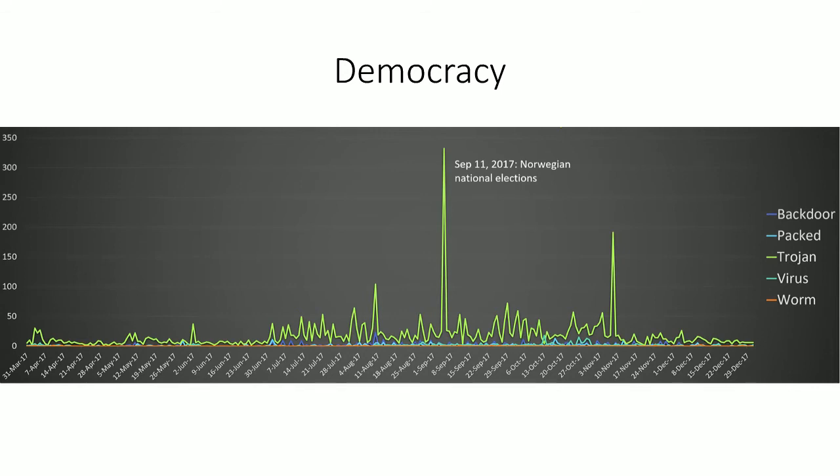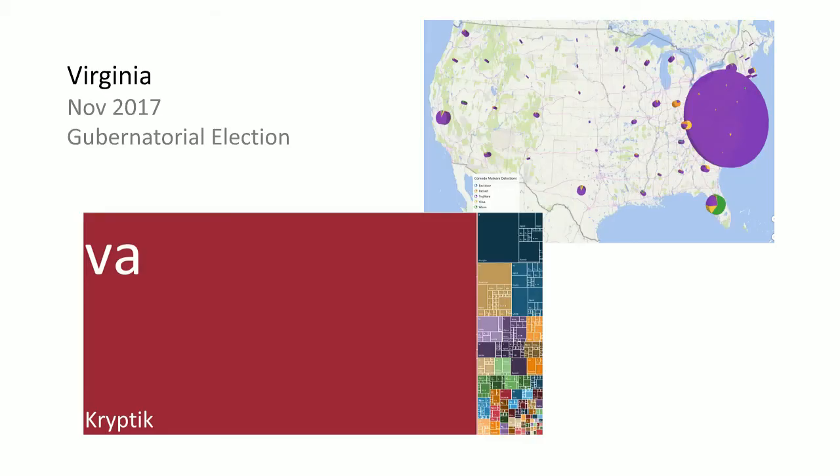I had seen this one probably in January 2018, as I was wrapping up the year. I tried to drop every country on a timeline, and you can see that Norway had one major spike, and it was the same week as its national election. I thought that was interesting, so I put that in the card catalog.